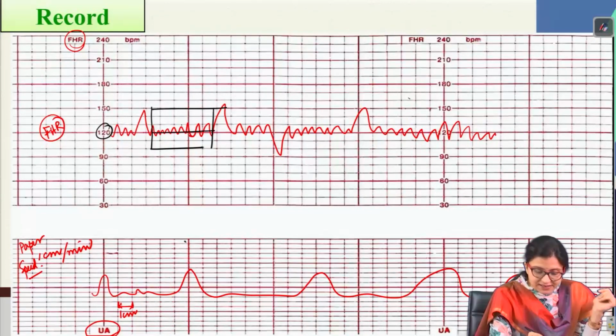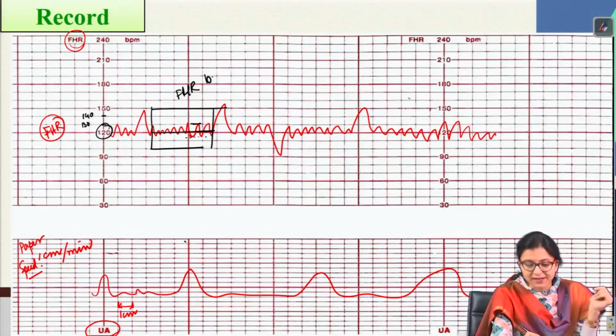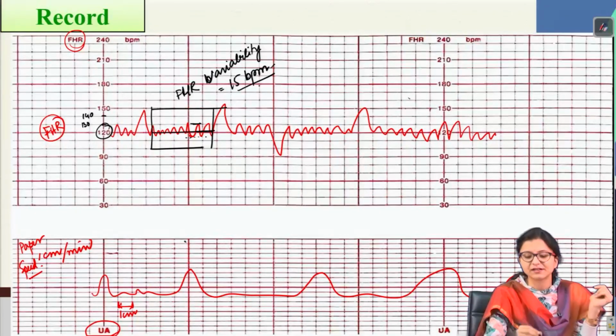See, this is 130, 140. So, 1 square is 10. See, this is going 1 square above and half a square below. So, above it is 10 and below it is 5. So, FHR variability is 10 plus 5, baseline variability. This is 10 plus 5, that is 15 beats per minute, right.